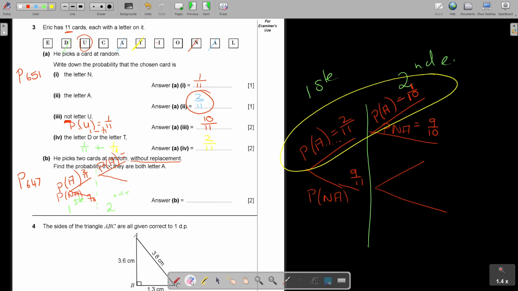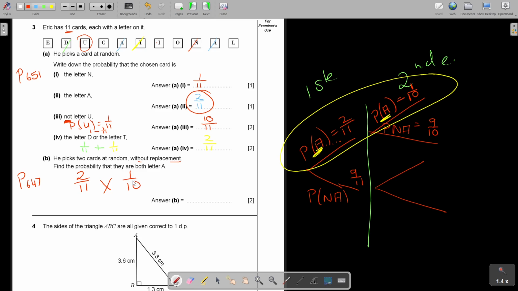I'm just going to make a bit of space here because I helped you by writing it bigger. Find the probability that they are both letters A. So it means A and then A again. It's going to be 2 out of 11 multiplied by 1 out of 10.